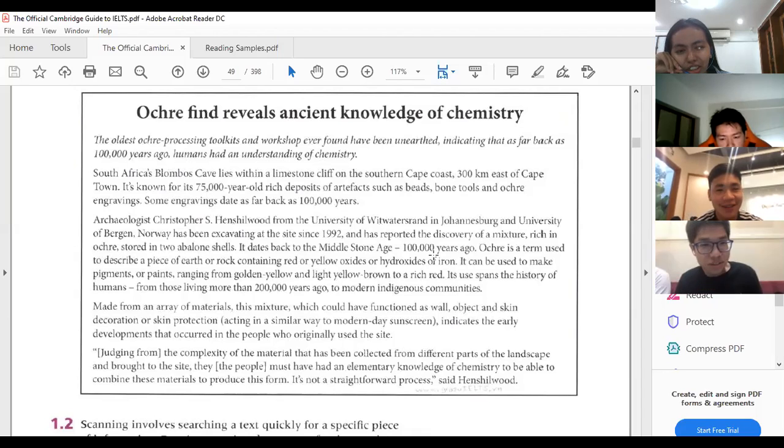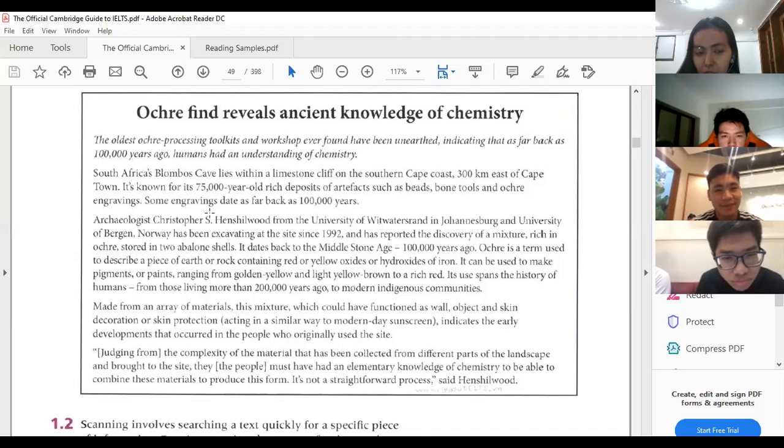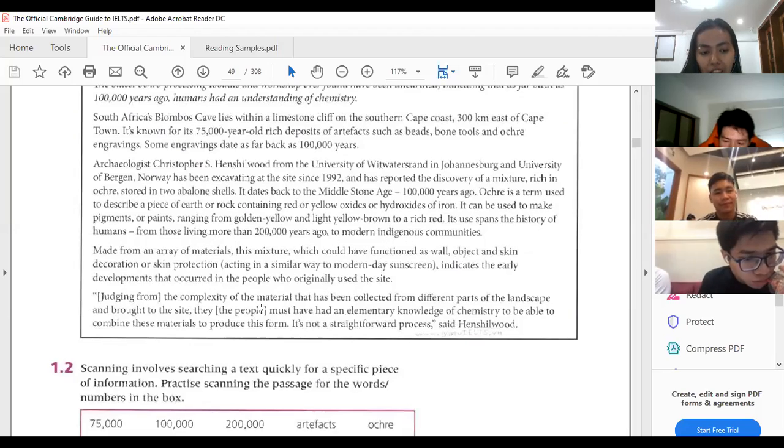Oh, that's process of what? Toolkits in workshop. Okay, so 100,000 years from paragraph number 2, and we can see it from this line. So some engravings date as far back as 100,000 years. So it's the age of the engraving. Thank you. Very good. Next one, May.